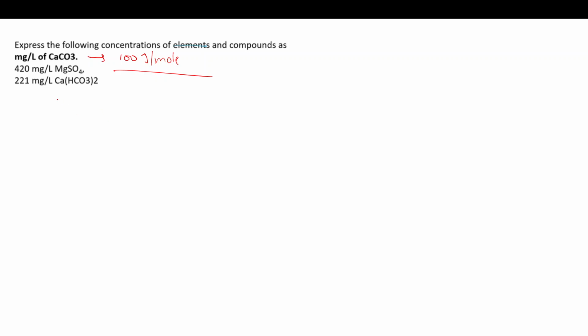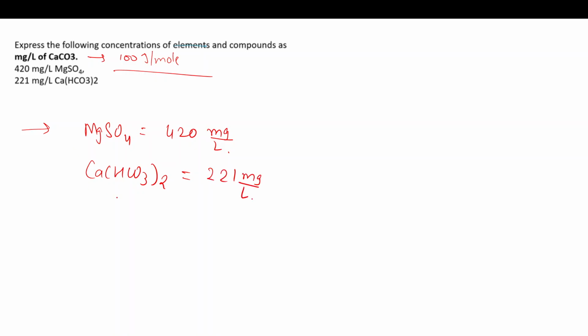So let's start solving the question. How will you do that? The MgSO4 concentration given to you is 420 mg per liter. Always do a unit check before you solve, and for calcium bicarbonate it is 221 milligrams per liter.